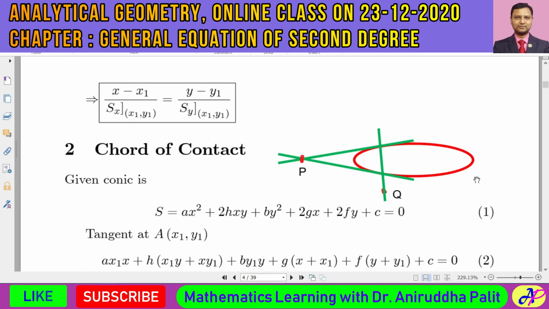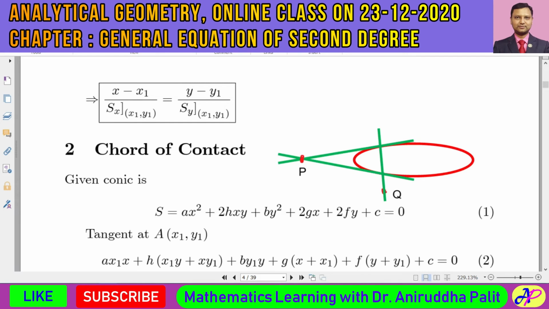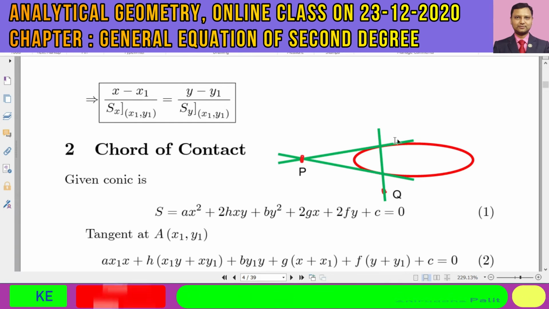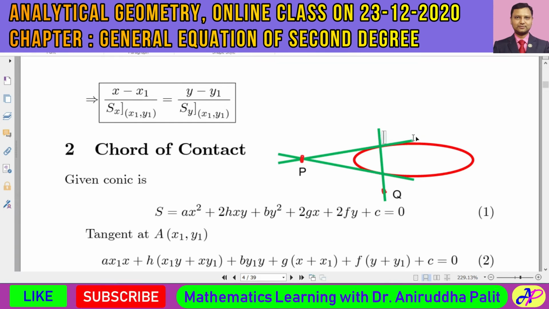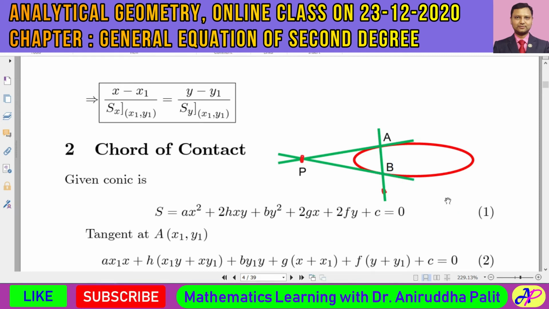That is actually the pair of tangents. Now at these 2 points of contact, let us call them capital A and capital B. Got it? Forget about this point Q for the time being.